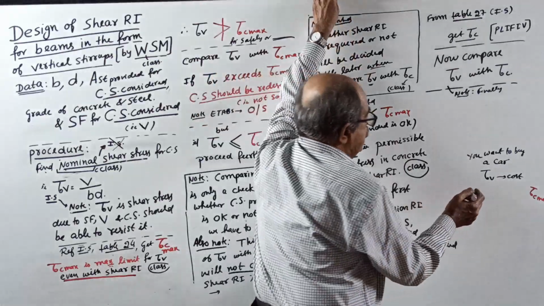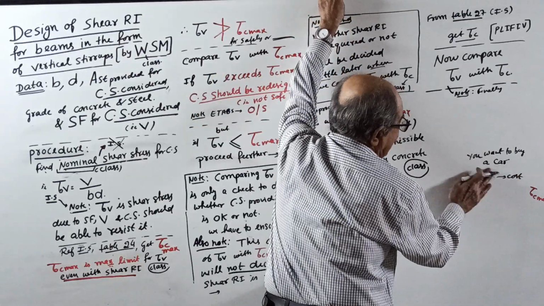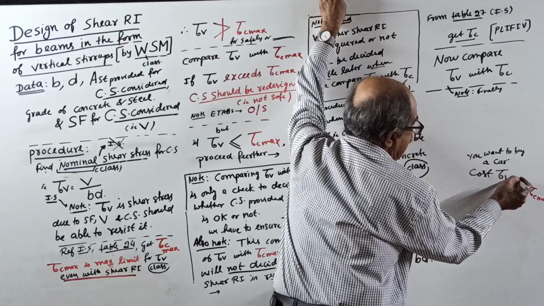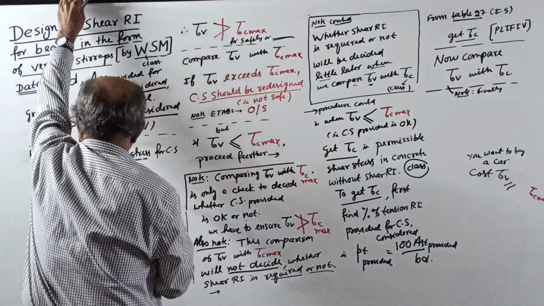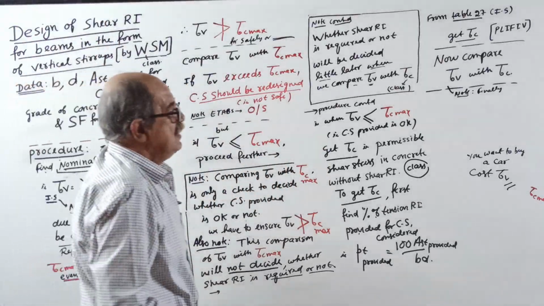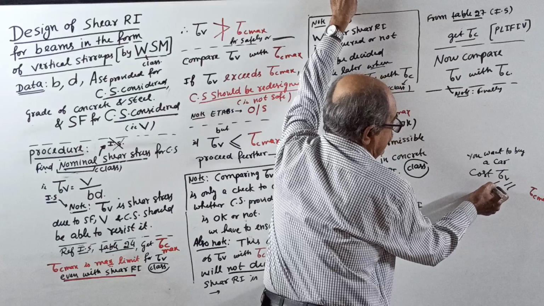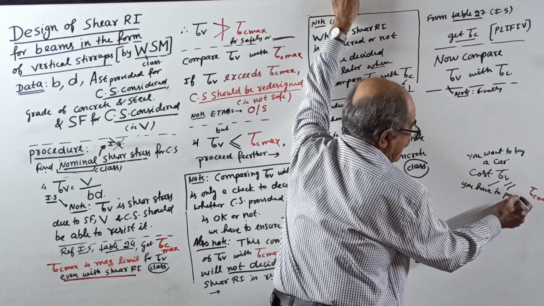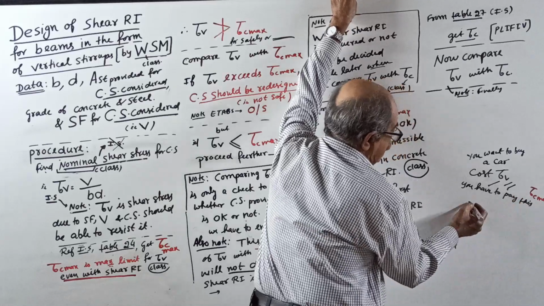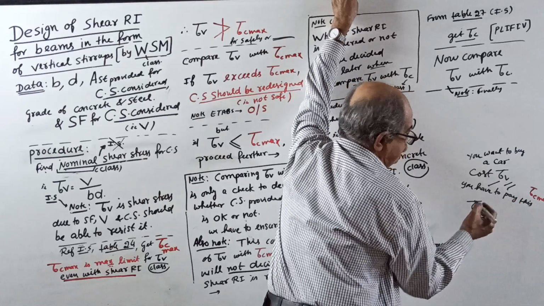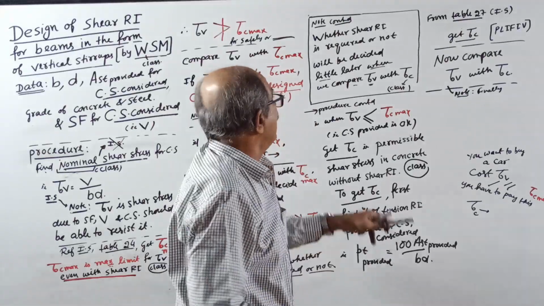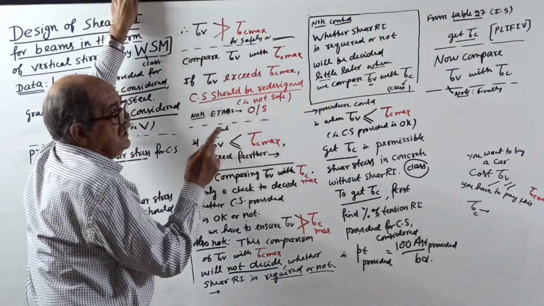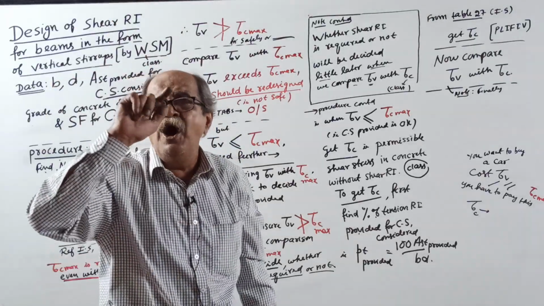I told you, you want to buy a car, and the car cost is tau v. That is, this is the car cost due to shear force, tau v. So when the cost is tau v, you have to pay it. I will tell you what tau c is. Tau c is how much shear stress concrete alone can resist.